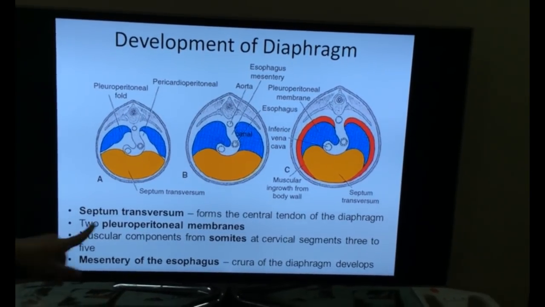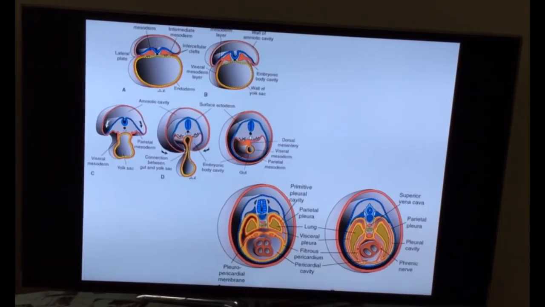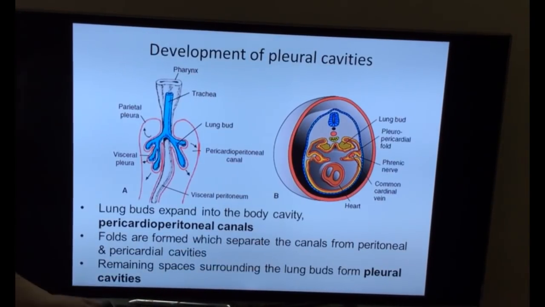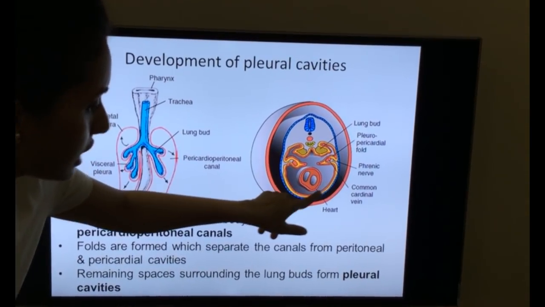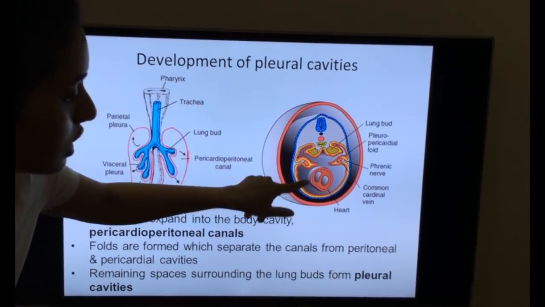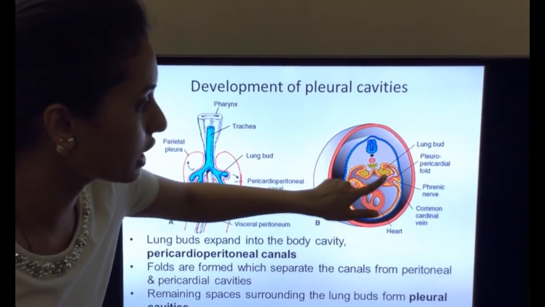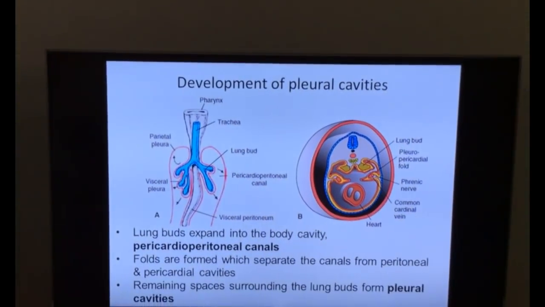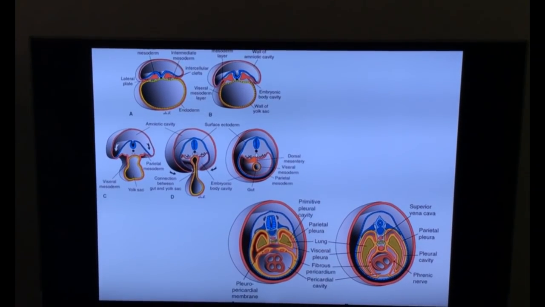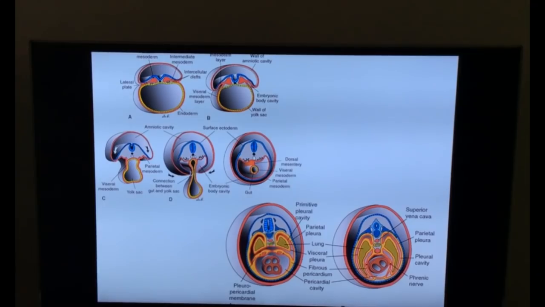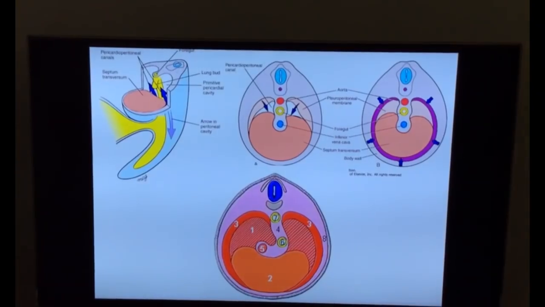This pleuroperitoneal fold I had shown in the earlier picture. This is the pleuropericardial fold which is separating the cavity around the heart from the cavity around the lungs, separating the pleural cavity from the pericardial cavity. There is one more, called the pleuroperitoneal folds.